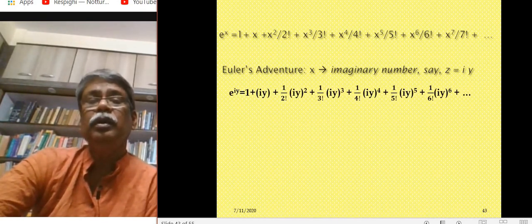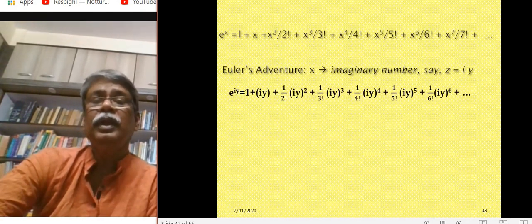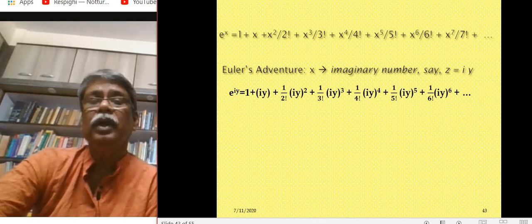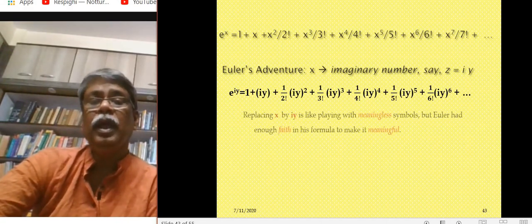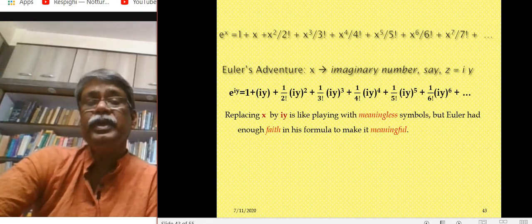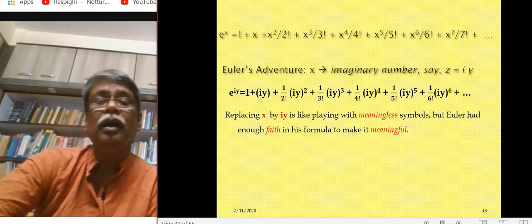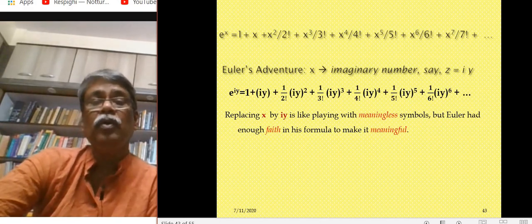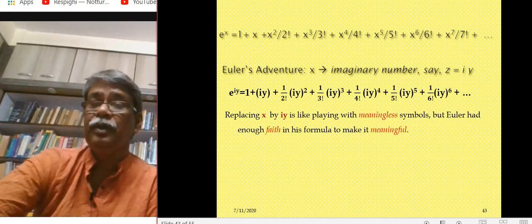So what it leads to is that e to the power iy is 1 plus iy plus iy whole square by factorial 2, iy whole cube by factorial 3, iy to the power 4 by factorial 4, and so on. Now replacing x by iy is like playing with meaningless symbols, but Euler had enough faith in his formula to make it meaningful.